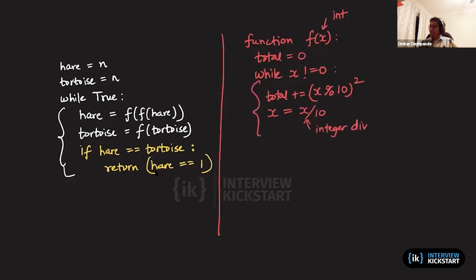We keep doing this until x becomes 0, and once we have chopped down the number to nothing, that means we've taken all the digits. Like hyenas, we've been plucking out each digit, squaring them and adding them to the total. The value sits in that cumulative sum which we return, and that is what we plug in here, assuming f is defined this way.